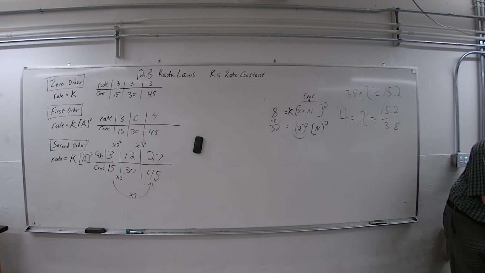The 0.35 and the 0.35. So in this case, we're not looking at the H2, we're looking at the NO. So what's the factor here from this one to this one? 0.3 to 0.6. Factor of 2, so NO concentration increases by a factor of 2. What does that do to the rate?